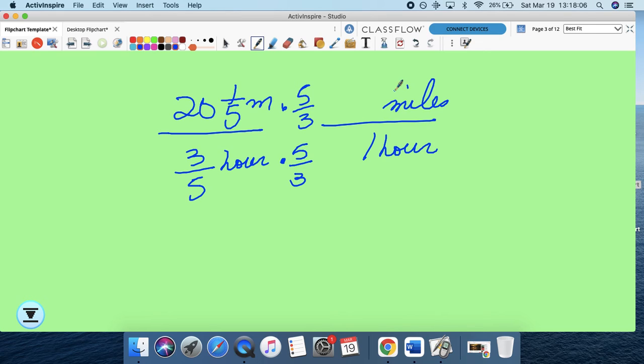So 20 and 1/5, what is this times 5/3? And we get 33 and 2/3, I think. 33 and 2/3.